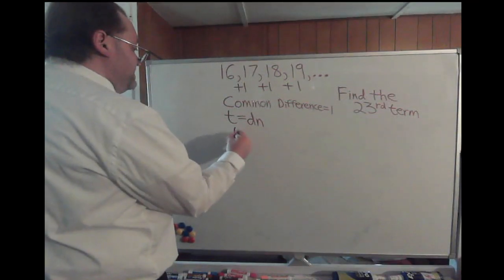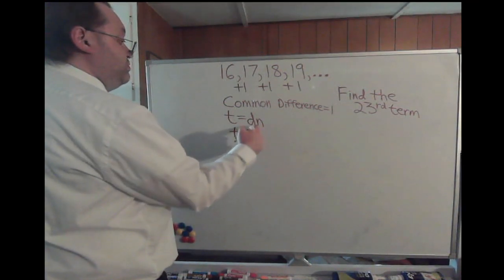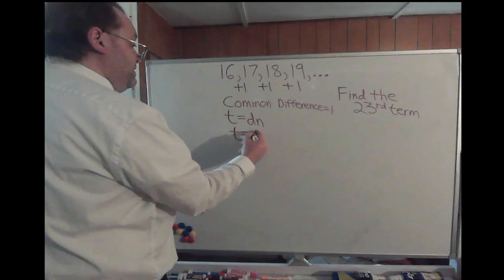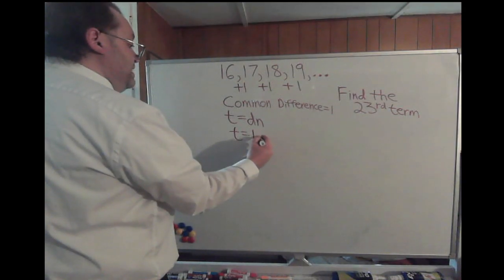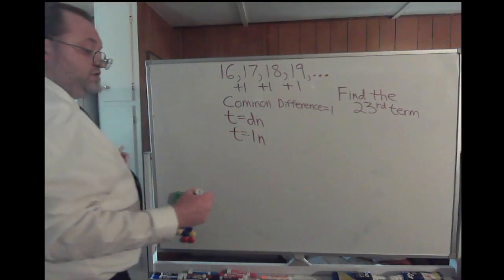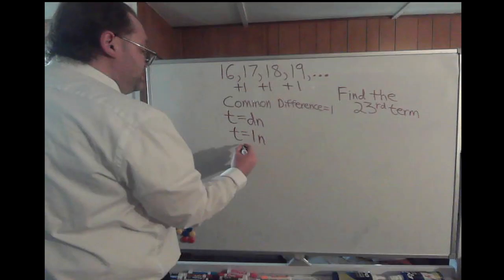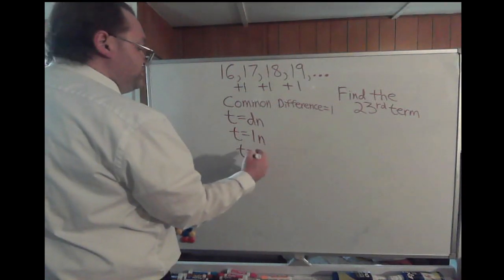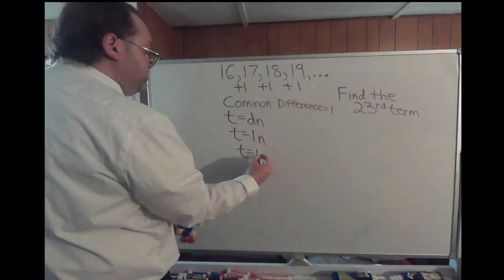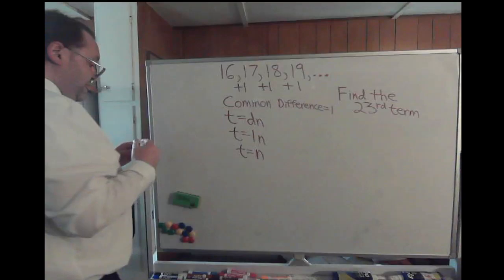In this case, the term is equal to, what's the common difference? It's 1 times n, which would be the number of the term you're on. So furthermore, t would equal, since we have 1n, it would just be n.